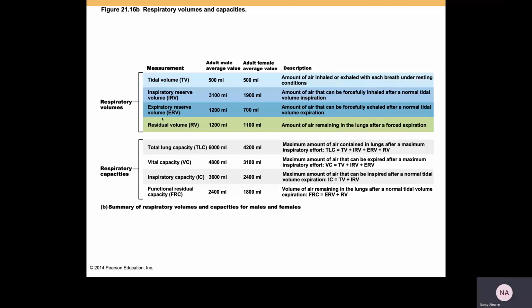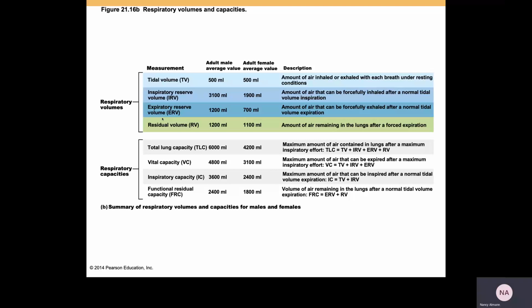So the respiratory capacities. Total lung capacity is the maximum amount of air contained in the lungs after maximum inspiratory efforts. So that's going to be tidal volume, inspiratory reserve, expiratory reserve, and residual volume. Vital capacity will be tidal volume, IRV, and ERV. Notice that residual volume is not included in that.